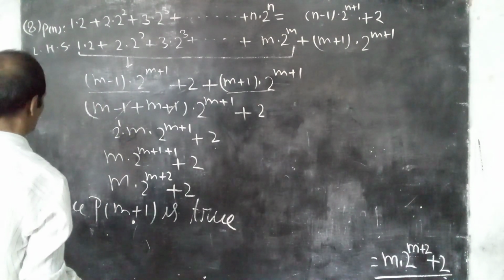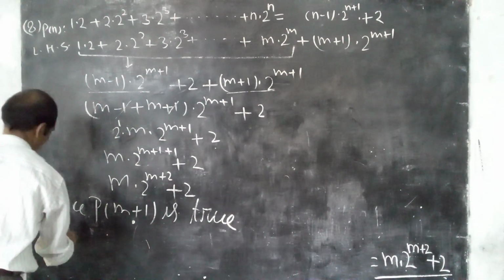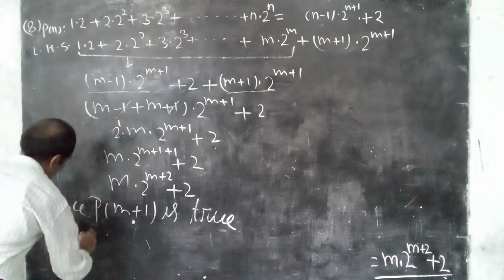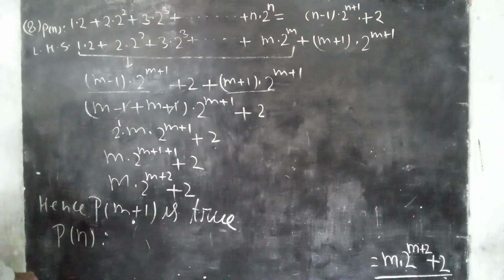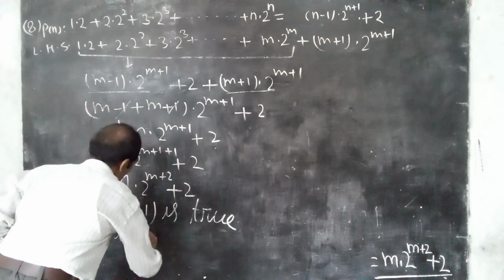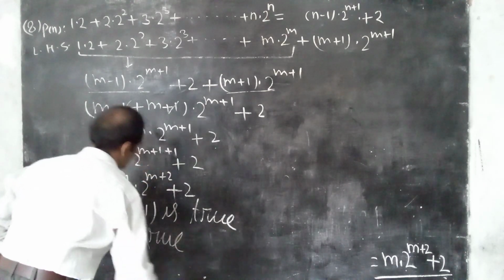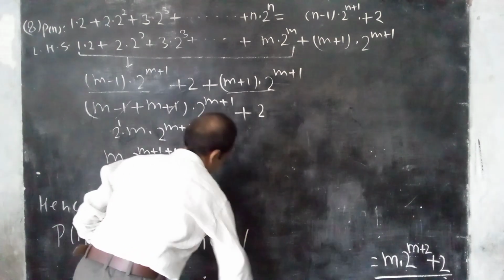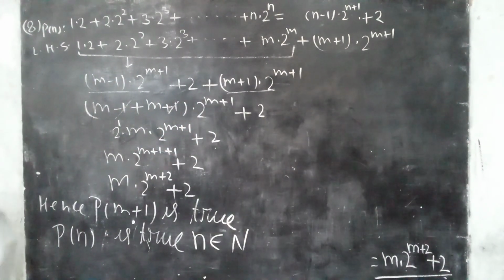Hence Pm plus 1 is true. If Pm plus 1 is true, then your given mathematical statement is true for all natural numbers. Hence Pn is true for all natural numbers n belonging to N.